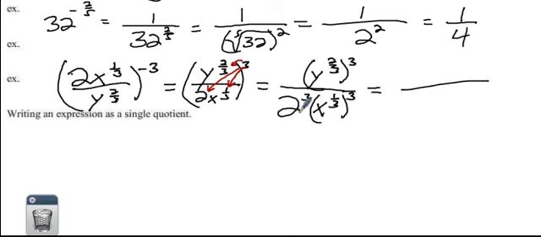What is 2 to the 3rd? Well, 2 to the 3rd is 8. X to the 1/3 raised to the 3rd. When you multiply, you add exponents, but when you raise to a power, you multiply exponents. 1/3 times 3 is 1, so I just have x to the 1. When I raise to a power, I multiply exponents. Those two things cancel. I just get y squared.